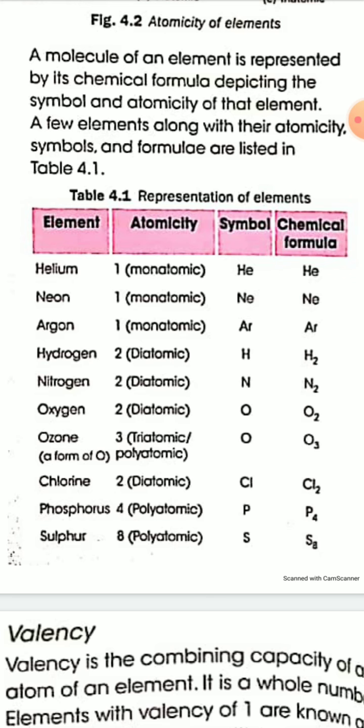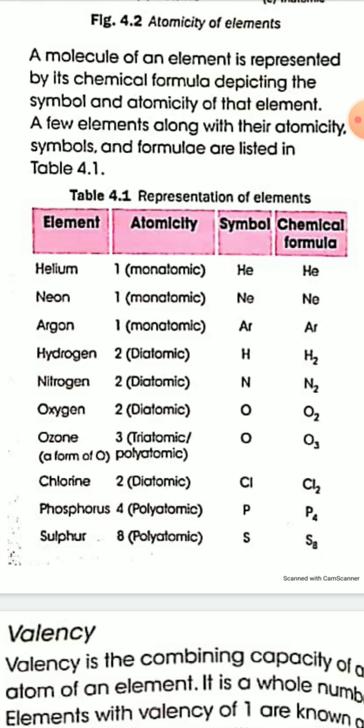These are monoatomic elements. The symbol of helium is He, the symbol of neon is Ne, and the symbol of argon is Ar, and their chemical formula is the same. The chemical formula of helium is He, of neon is Ne, and of argon is Ar.